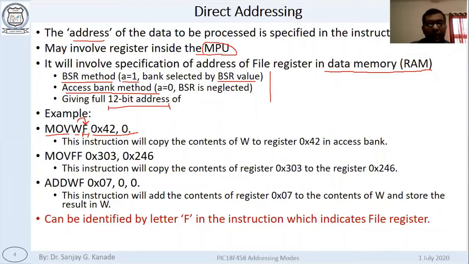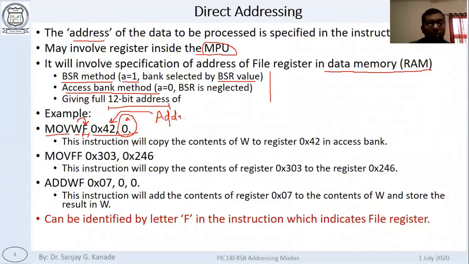You should note this down. What is this 0x42? This is the address of the location where we want to put the data from W. This is the address, and this 0 is for a, which means the access bank. This 42 location is in the access bank.